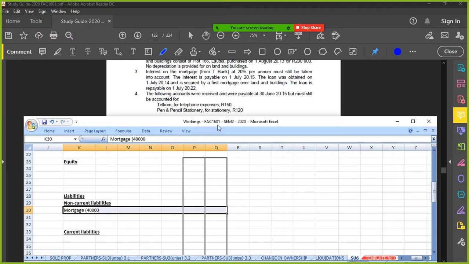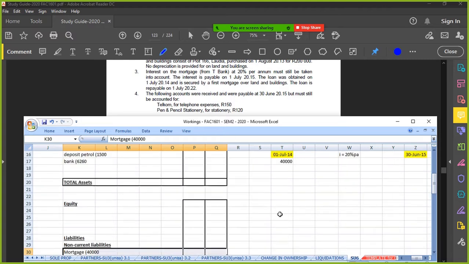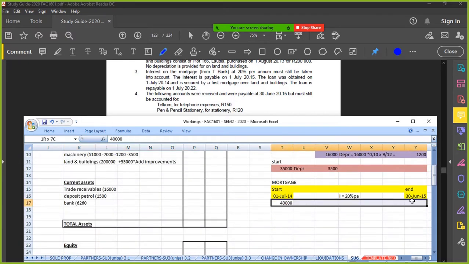Okay, so mortgage 40,000. Did you have it for the whole year? Yes. Oh, 20%. 8,000 is the interest. Did you get that? Or do you agree with it? Yes. Okay, good. Where do you show that?